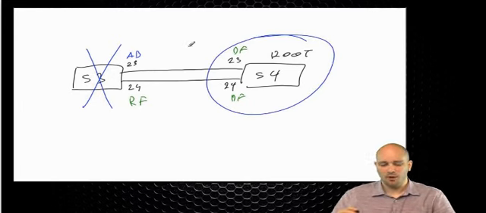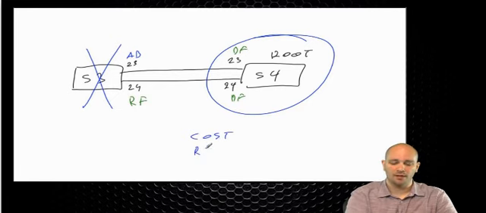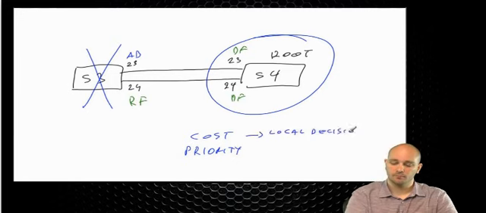Well, there are two values that we can manipulate to make this decision. We can either manipulate cost, or we can manipulate port priority. Now, cost affects local decision, and priority affects remote decision.